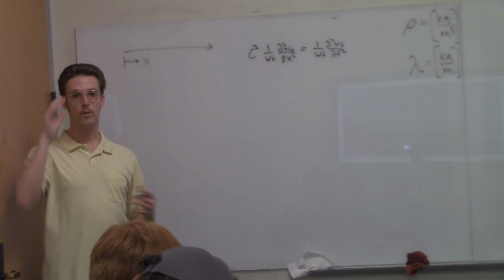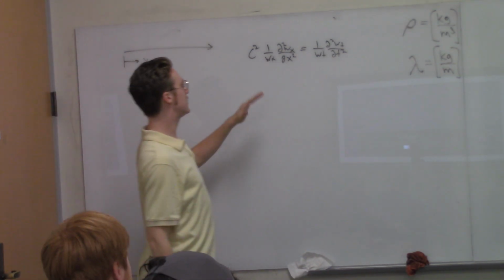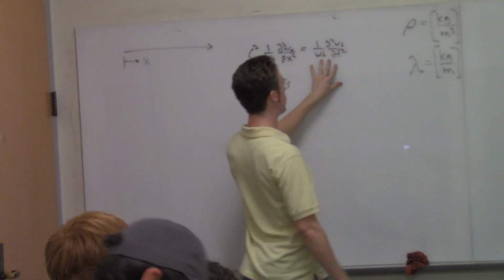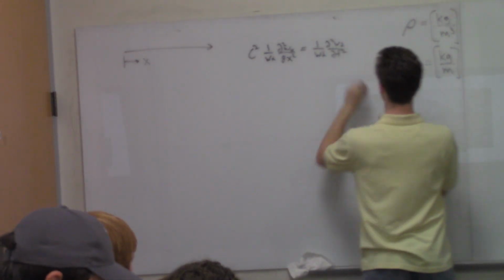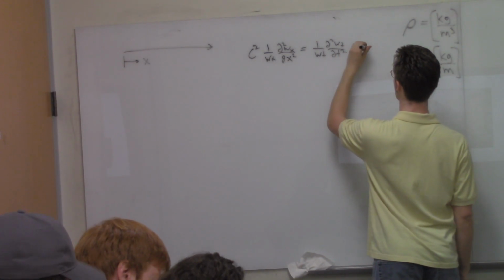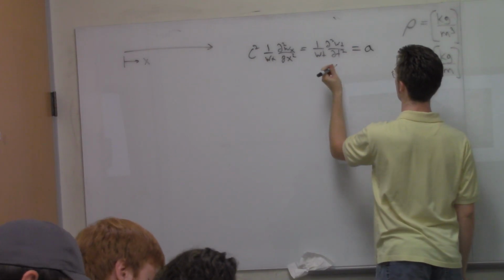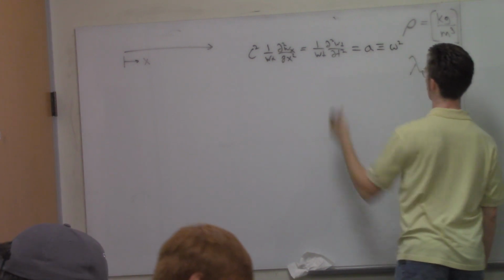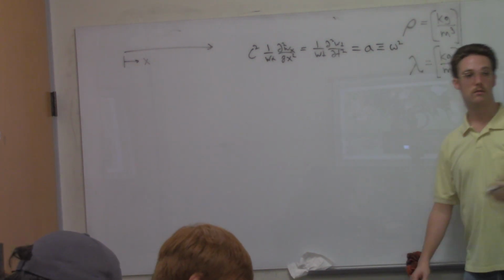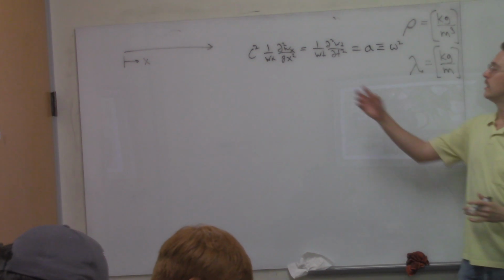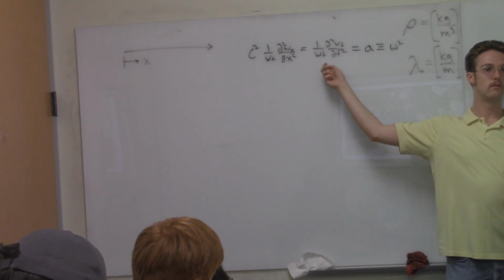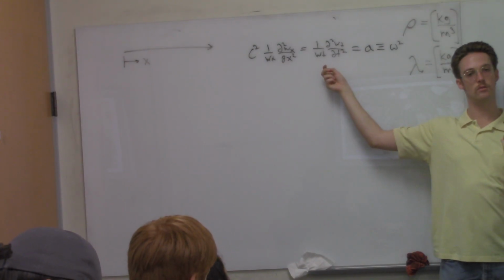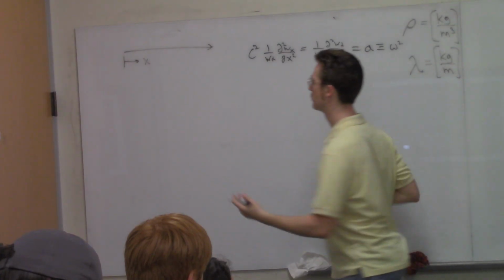So now, what we can do is state that this side of the equation and this side of the equation are both equal to the same thing. We're just going to call that A for now. And then we're going to declare that A is equal to the square of our frequency. And now with this relation, we can separate one PDE into a system of two second-order ODEs.